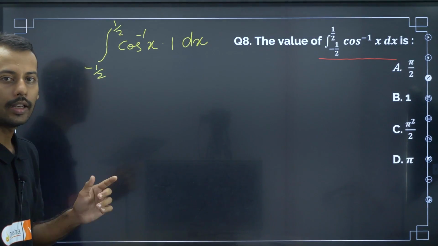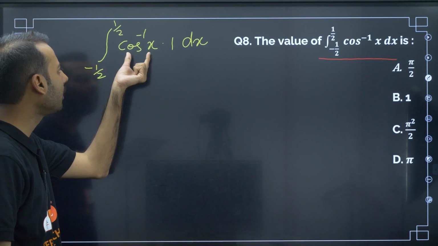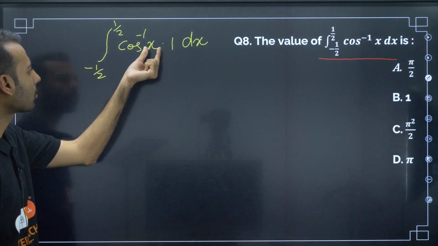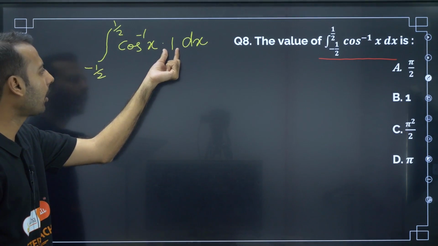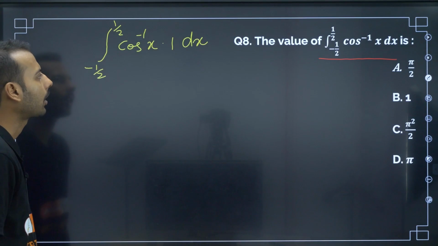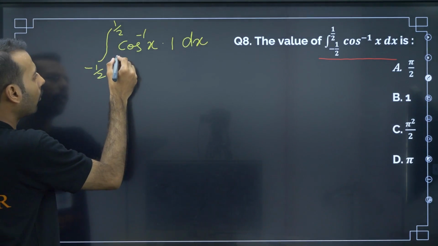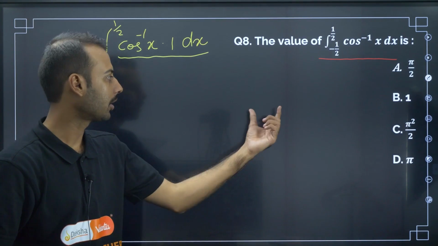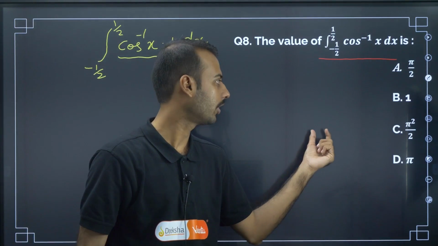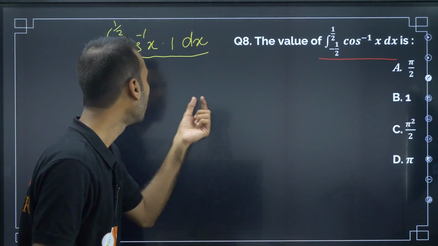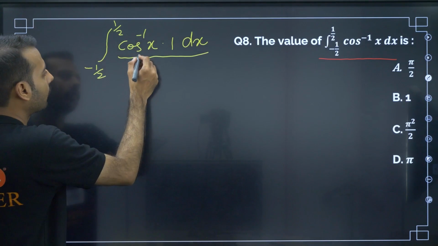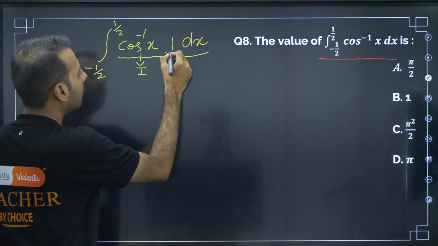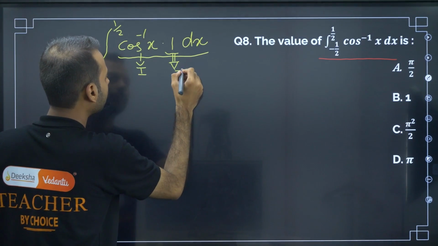So using the ILATE rule, first inverse, and then algebra will come next, and constant will come under algebra only. So we have to go for using by parts. Just now in one of my previous problems, here using green pen I have written first function, second function, integration. So this is first function, this is second function.